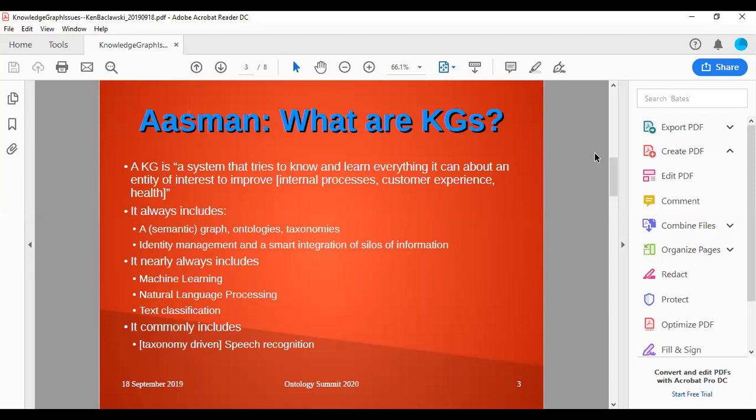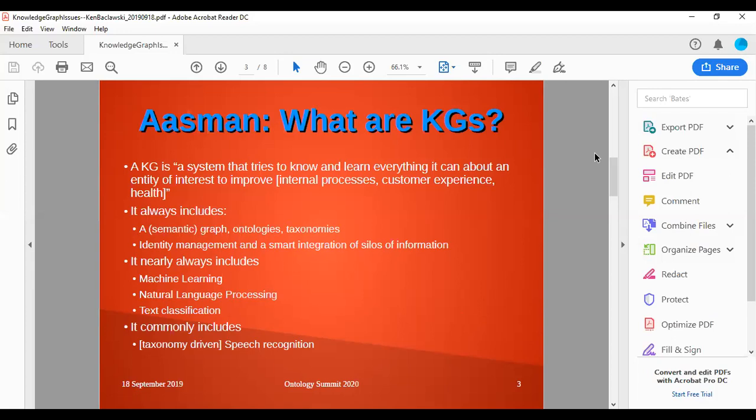Yes, very much so. And then he went on to say it always includes a semantic graph, ontologies, taxonomies, always includes identity management and a smart integration of silos of information. So there are all sorts of tools that people use for that. It nearly always includes machine learning, natural language processing, and text classification.